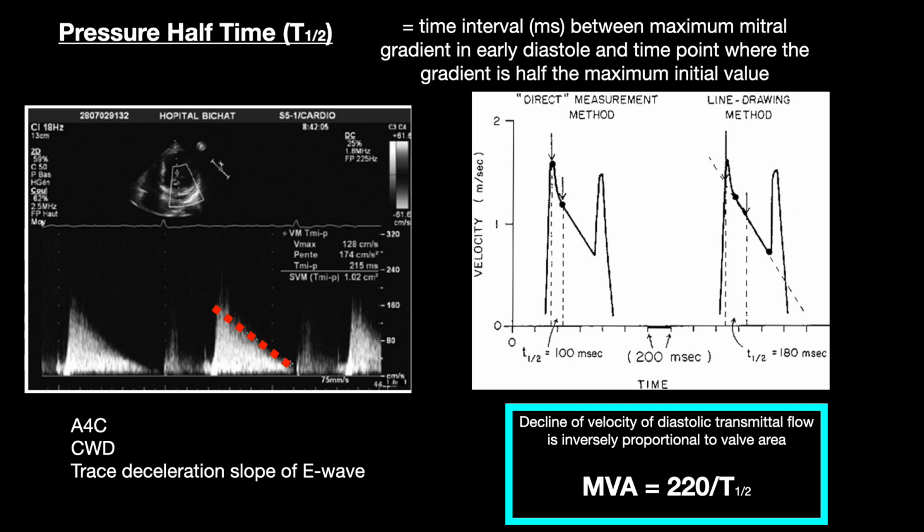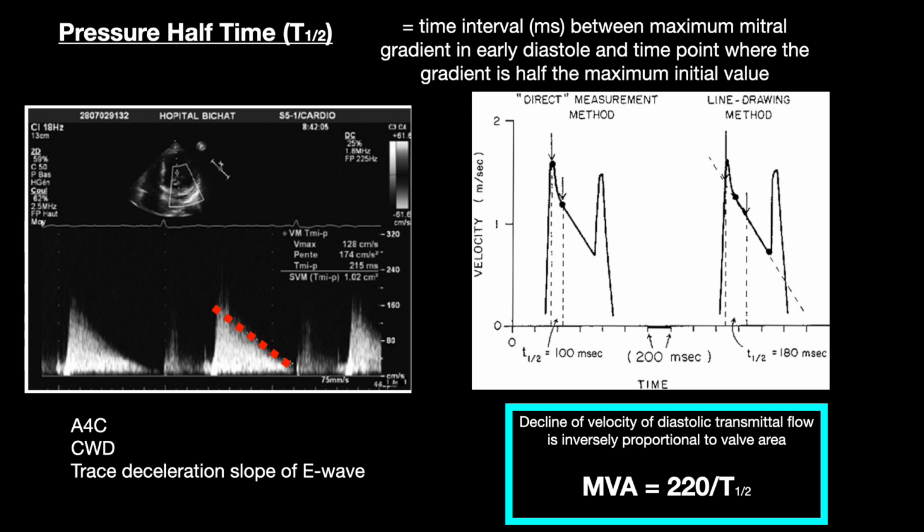The disadvantages of this measurement are that the diastolic filling rate, which is reflected by that E-wave deceleration slope, depends on the MVA, mitral valve area, which is what we're interested in, but also on the mitral pressure gradient in early diastole, left atrial compliance, and also left ventricular diastolic dysfunction.